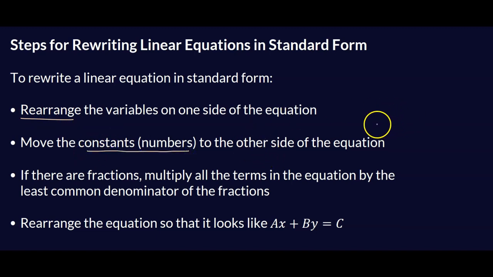Now, because we cannot allow fractions, if you have any type of fraction, you have to multiply all the terms in that equation by the least common denominator of the fractions. That's the easiest way to put it, but we'll do some examples. Then we want to rearrange the equation so it looks like this format, ax plus by equal to c. So let's see how we put all of this to practice.